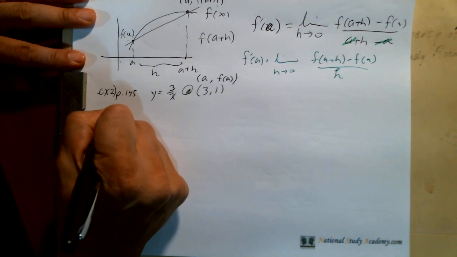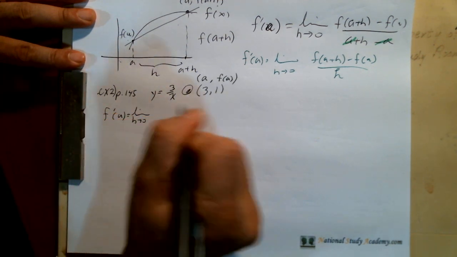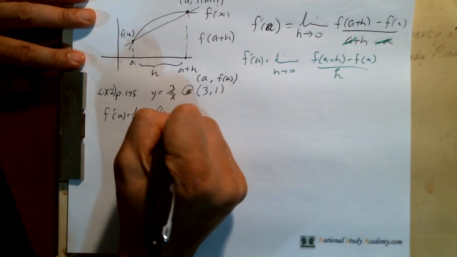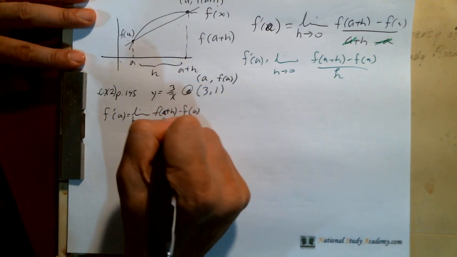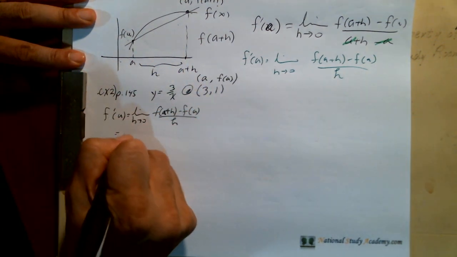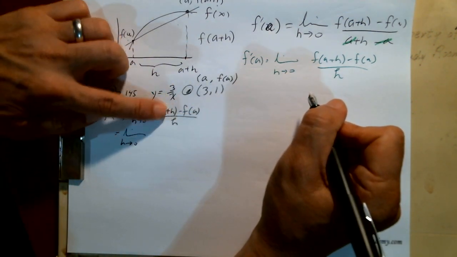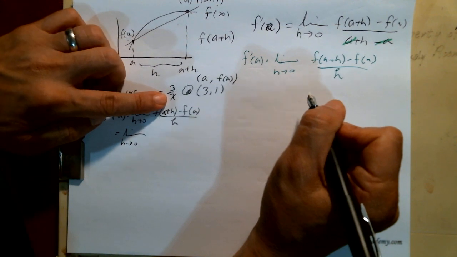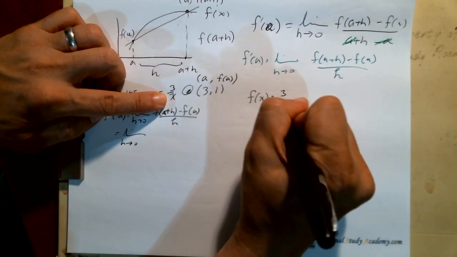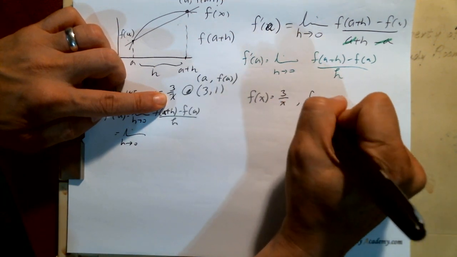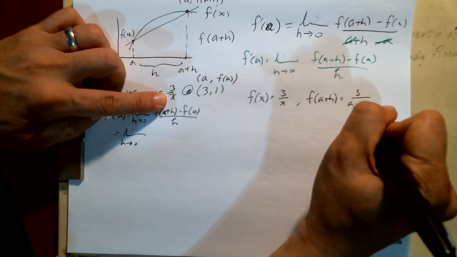And f prime of a is equal to the limit as h approaches 0. I'm just going to recopy this. F of a plus h minus f of a all over h. So that becomes the limit as h approaches 0. F of a plus h, we're just going to plug in a plus h wherever there's an x right there. Since the function is 3 over x, f of a plus h would become 3 all over a plus h.